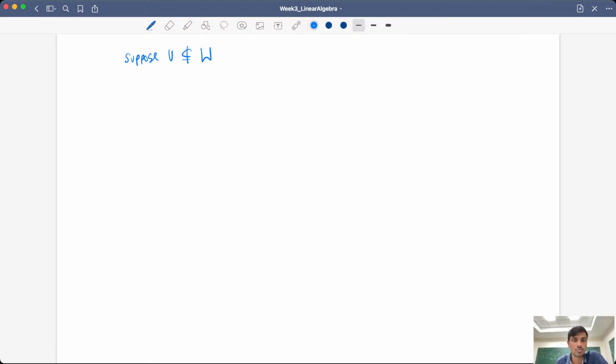If U is not equal to V, assuming both things, then by the previous case we knew that we must have U contained in W, which is not the case here.